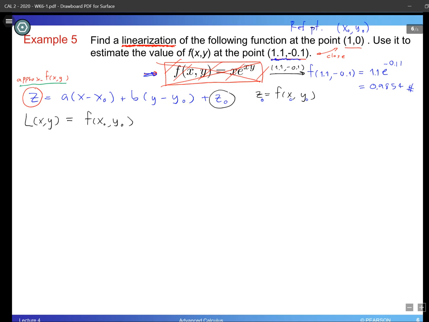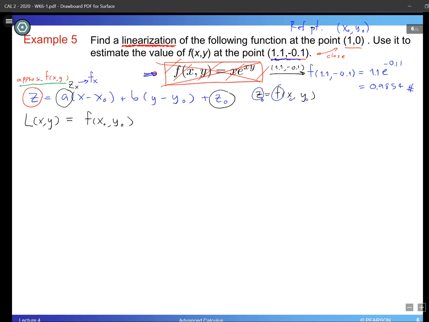Okay, now let's take a look at the next term. Let's take a look at this term right here, a. In the previous example, we found a to be equal to the partial diff of z with respect to x, and since z right here is equal to the function value, I can change that z right here to the function value with respect to x.